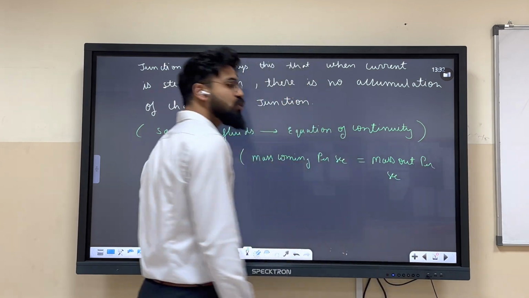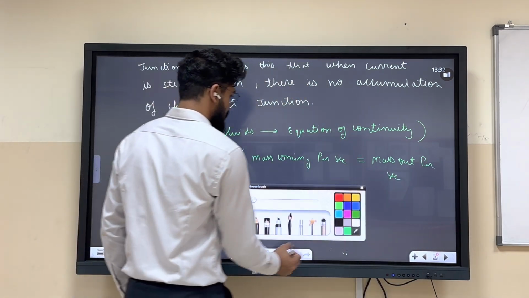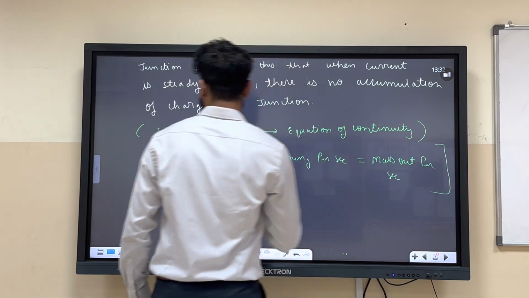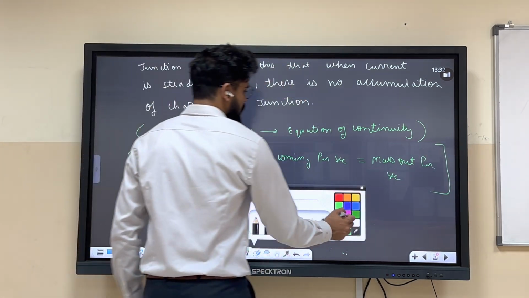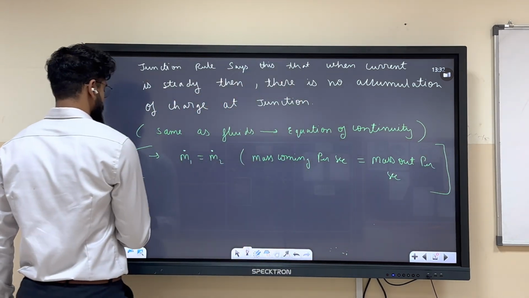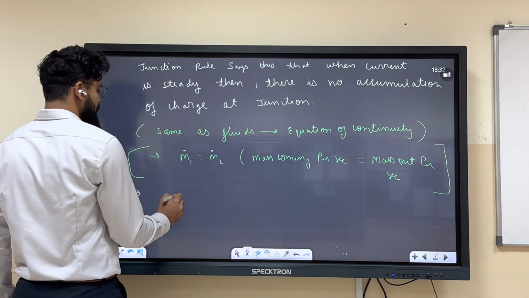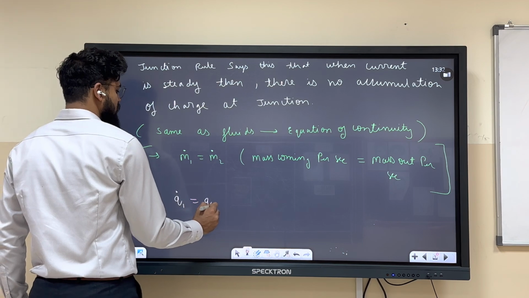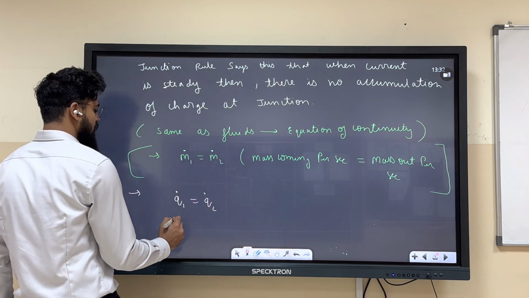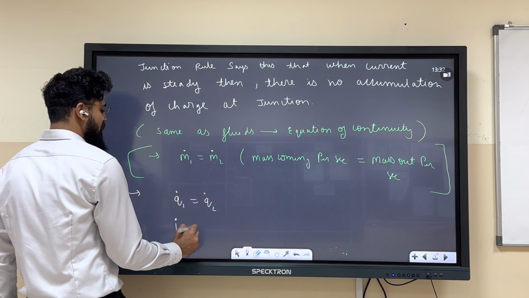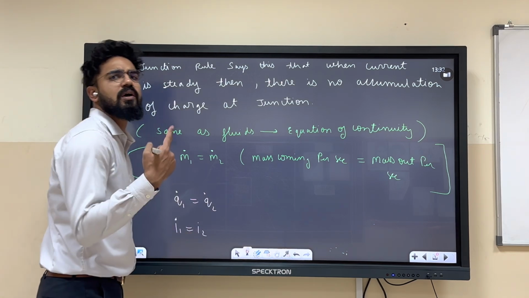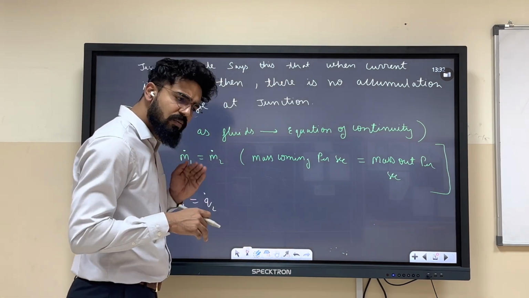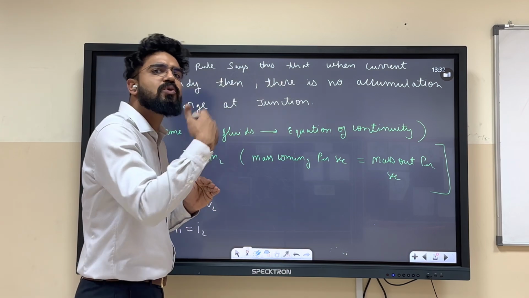Over here should we use mass or charge? Charge. So we can say Q1 dot equals Q2 dot, or I1 equals I2, if only one current I1 is coming and I2 is moving away.